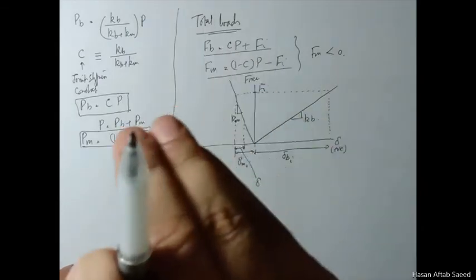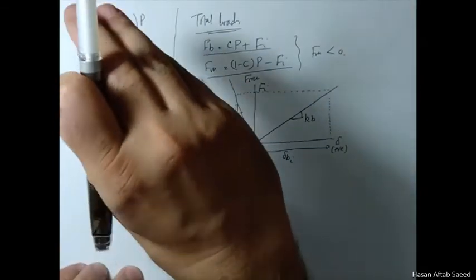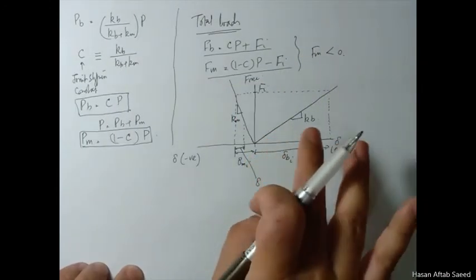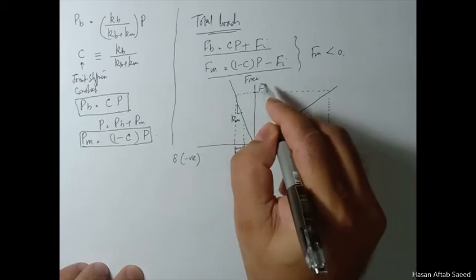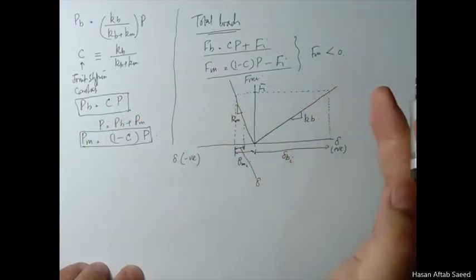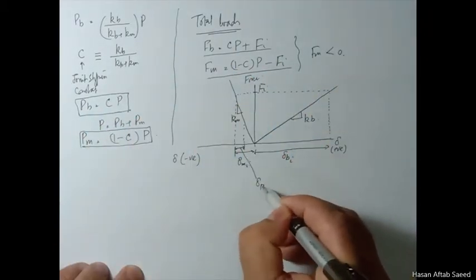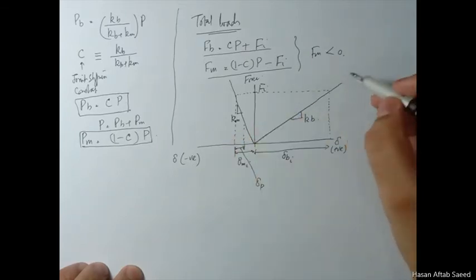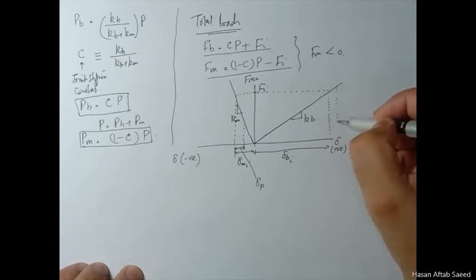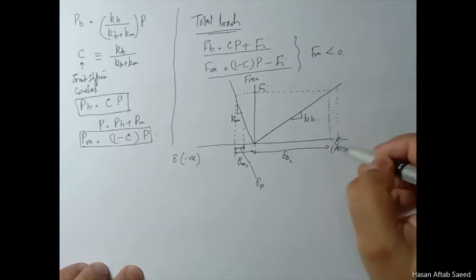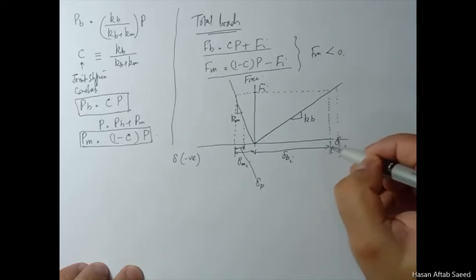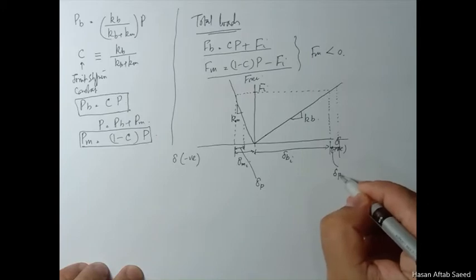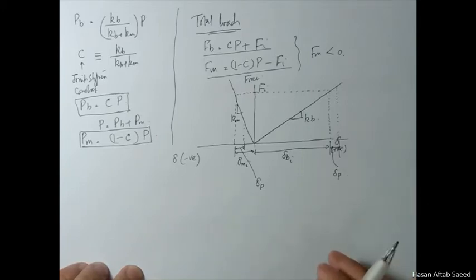Both the members as well as the bolt will increase in length as a result of the application of external loads. This was not the case in the case of Fi, because in that case one was in tension, the other was in compression. Now let's call this P. This must be equal to the increase of the length of the bolt as a result of external load.